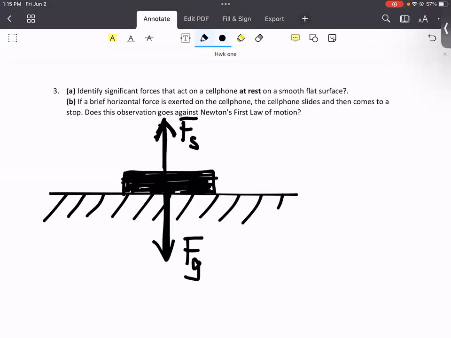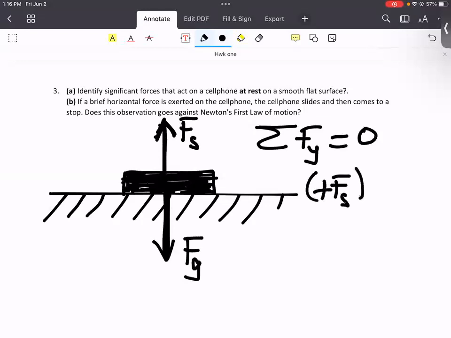And these forces are actually really significant because the sum of these forces must be equal to 0. If I try to sum up all the forces in the y direction, the answer must be 0. In other words, positive support force plus minus Fg equal to 0.